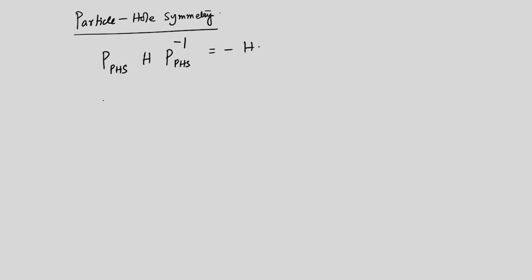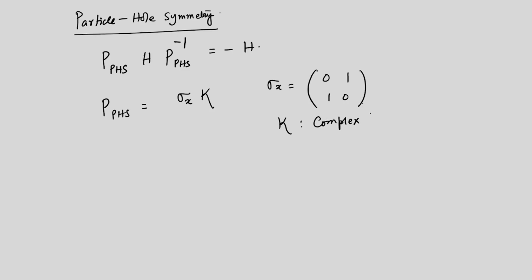We can write down this PHS usually as sigma x times K, where sigma x is a Pauli matrix which is written as (0 1; 1 0), and K is the complex conjugation operator. Okay. And as I said, this is inbuilt in the case of superconductors.